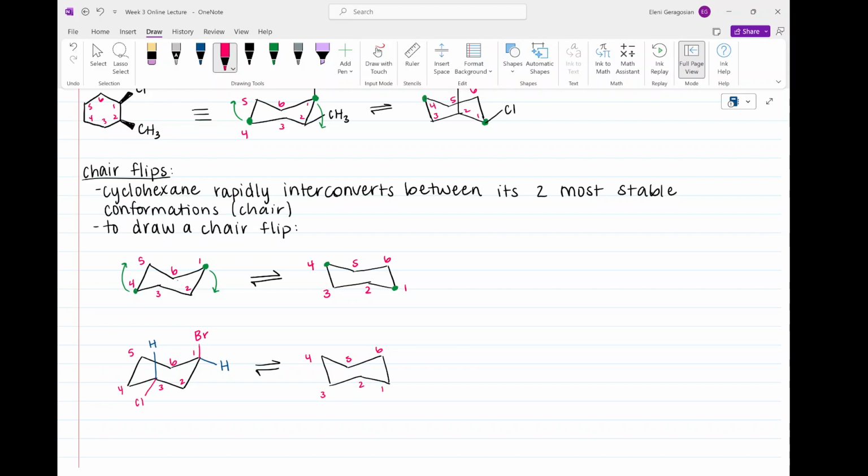In the chair flip, the bromine remains pointing up. It's still on carbon 1, so that means it must be in the equatorial position. For carbon 1, the bond pointing up above the ring is in an equatorial position. The bond pointing down, which is to hydrogen, is in the axial position.